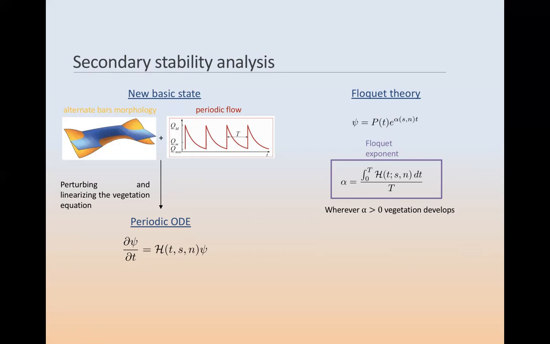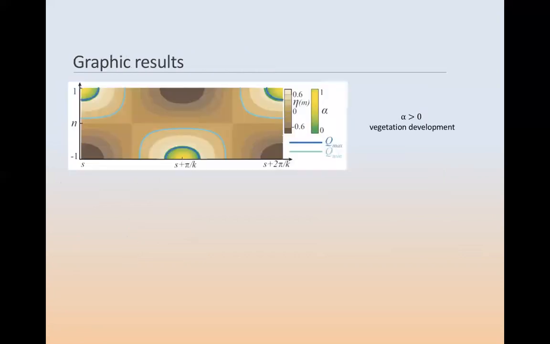And when the Floquet exponent is larger than 0, in this case, vegetation develops. So in this plan view, we see the morphology coming from the linear stability analysis in brown, and in green is the region where there is vegetation development. So where the Floquet exponent is larger than 0.